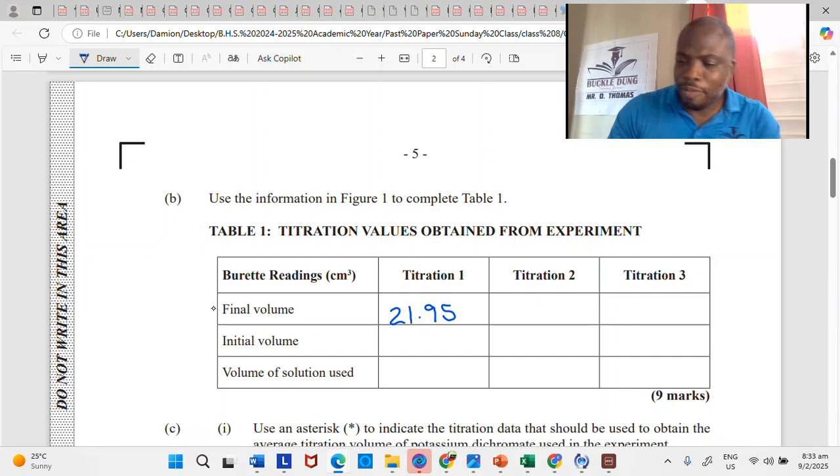Or 19, but I don't remember. Initial volume, what was it? 2. So for the first one it was 2. So work this out.